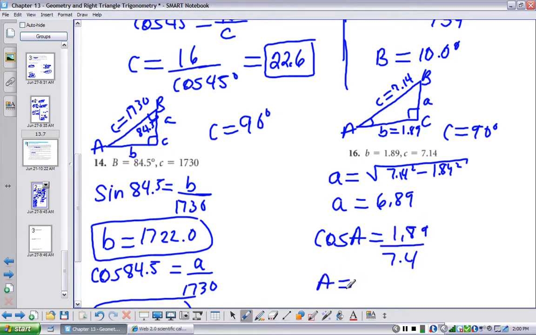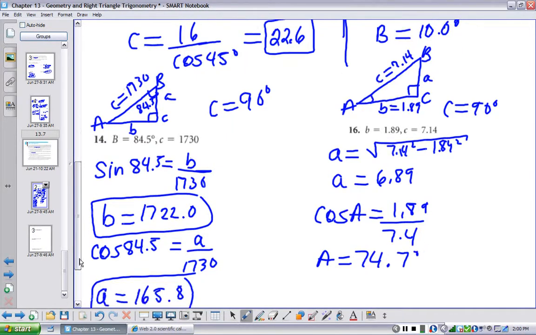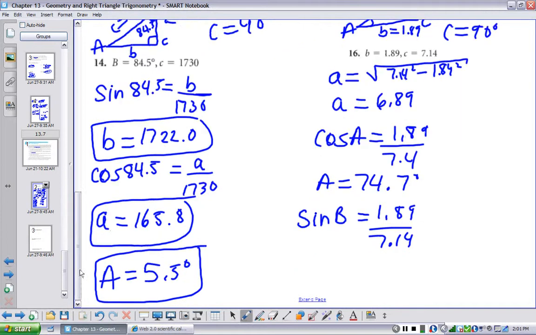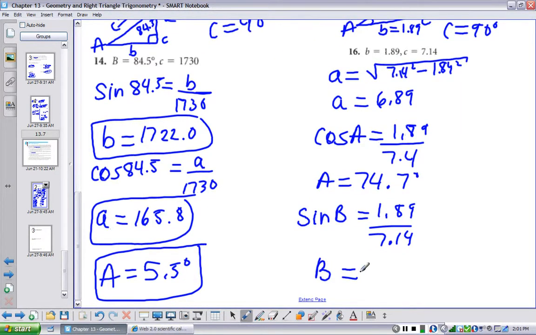So A is the inverse cosine of that, and you get 74.7 degrees. To find my B, I'm given opposite over hypotenuse, so sine B is opposite, 1.89, over hypotenuse of 7.14. So B is the inverse sine of that, which is 15.3 degrees. Don't leave your degree symbol off.